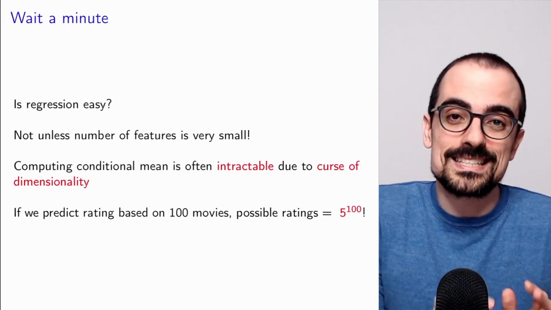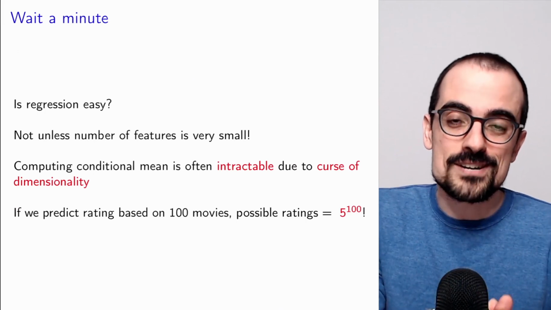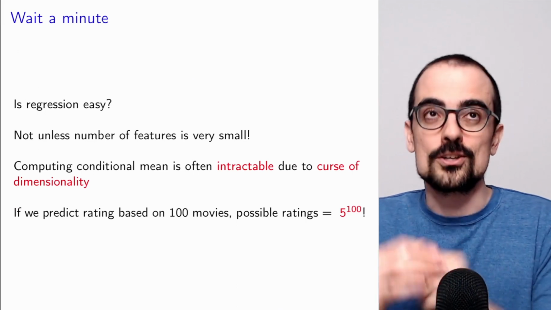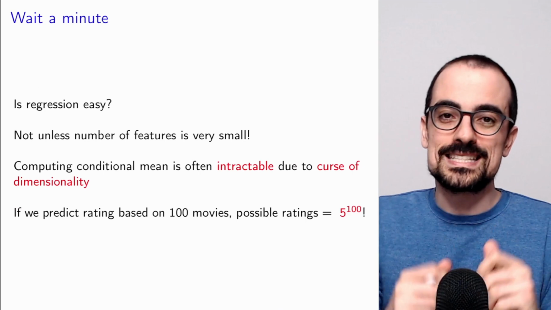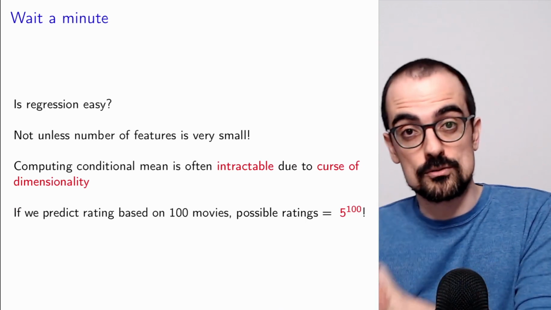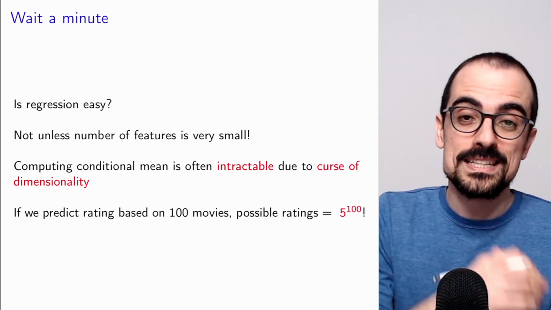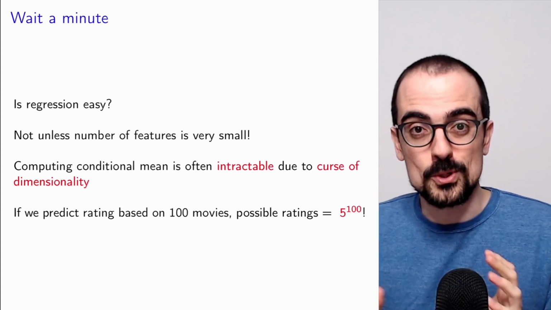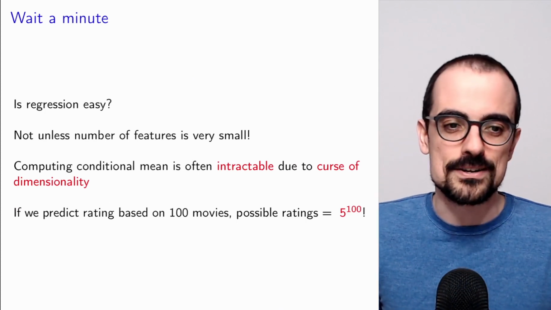So the good news is that the conditional mean is optimal for regression in terms of mean squared error. The bad news is that you can often not compute it unless the number of features is very small.